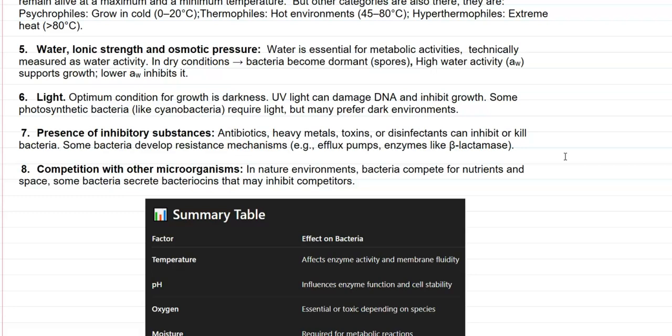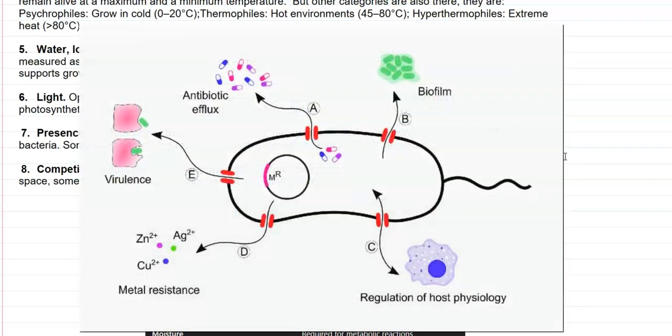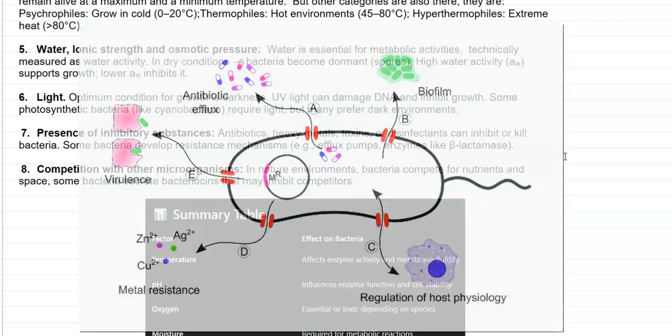For example, antibiotic resistance: some enzymes like beta-lactamase could cleave the beta-lactam ring of the antibiotics. As a result, they can successfully compete with other organisms and live in the environment. Another classical example is the presence of certain efflux pumps in bacteria, which can send the heavy metals or antibiotics out of the cells.